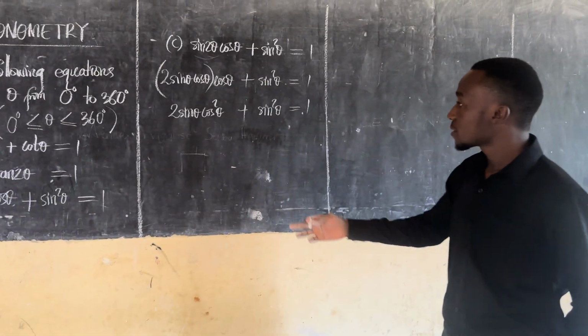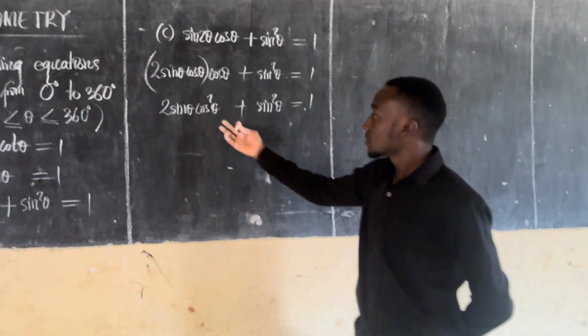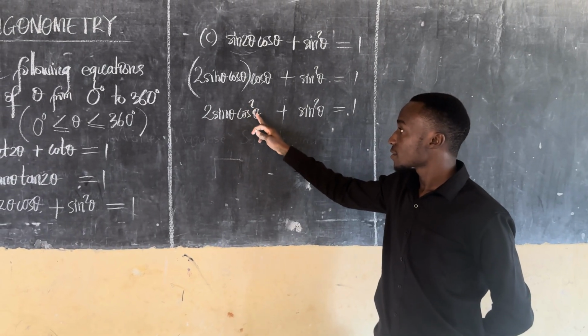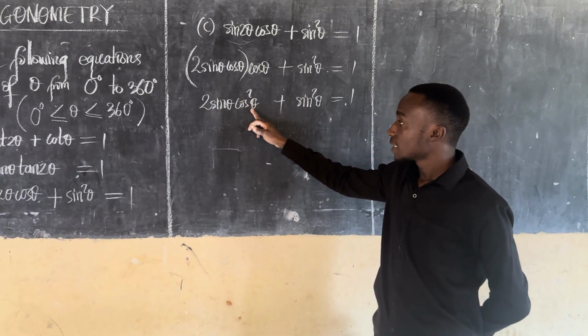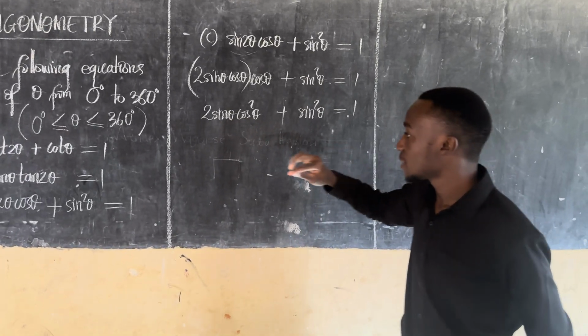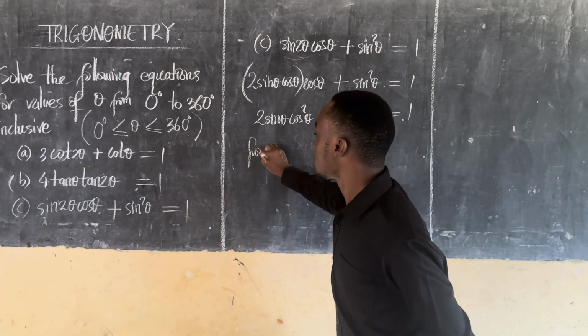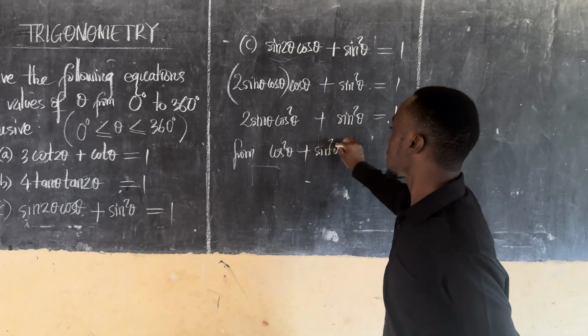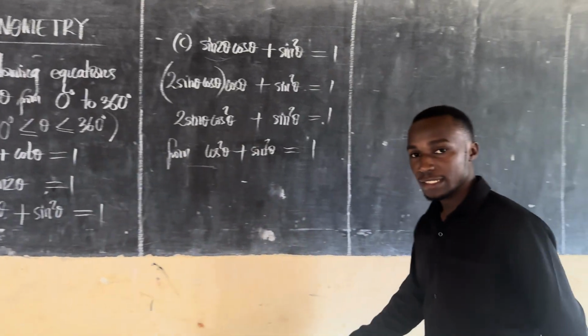And at this stage, I can realize that I can change the cos square theta in terms of sine of the same angle. So from cos square theta plus sine square theta equal to 1, this is an identity.